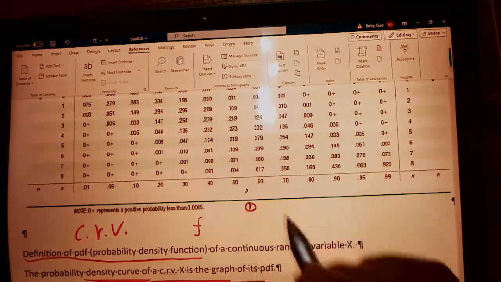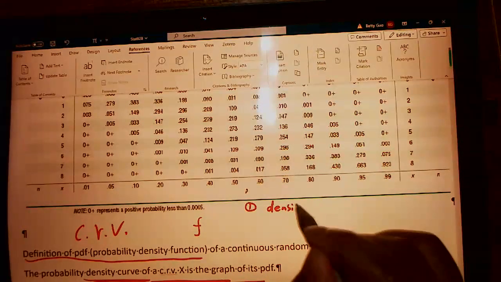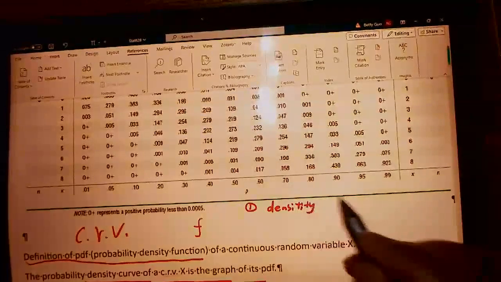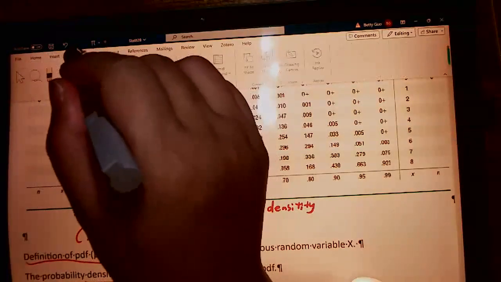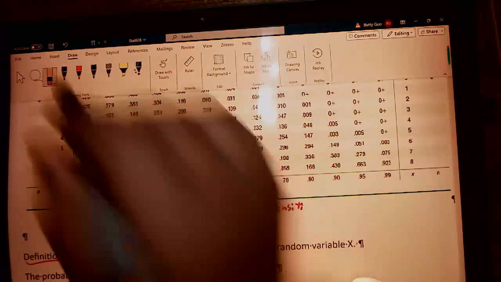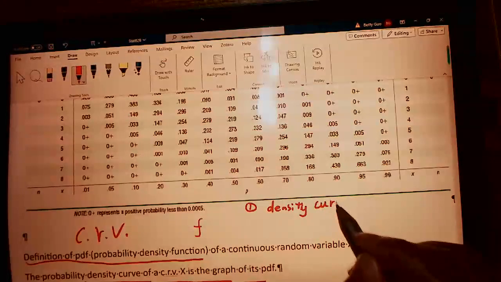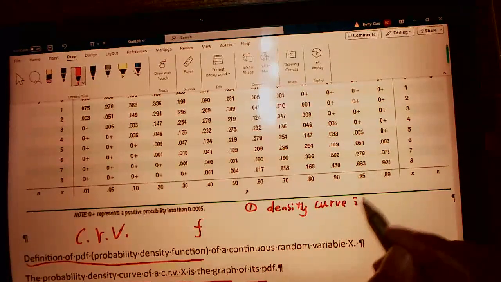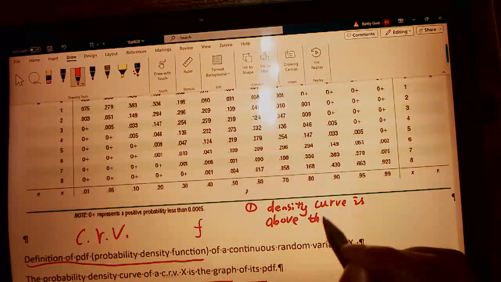The first feature: a density curve is a curve above the x-axis.